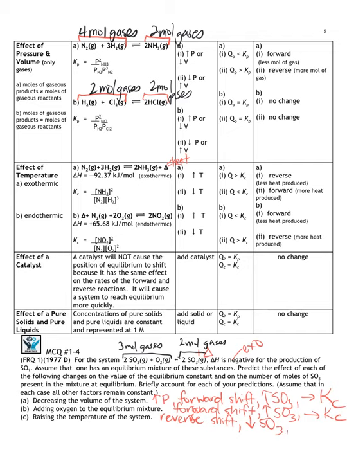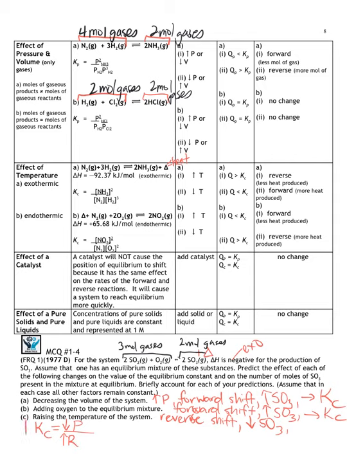Now what happens to Kc? Now let me go ahead and make sure I define Kc. Kc is products over reactants. By reverse shifting, that means you're going to make more reactants and you're decreasing the products. That's why SO3 decreases. What that does to this ratio of products over reactants is if I take a small number and divide it by a big number, I get a small Kc value.